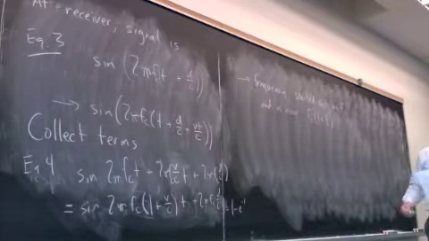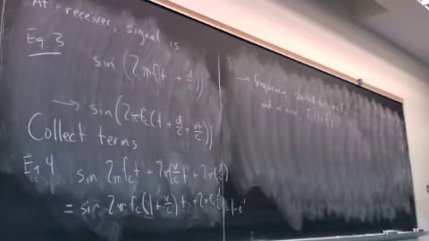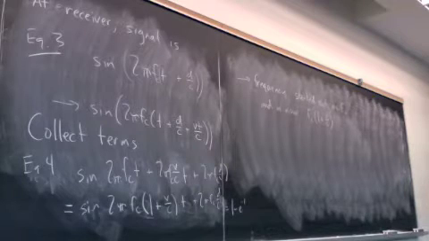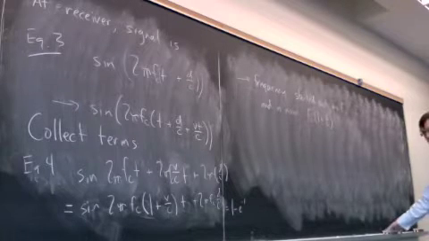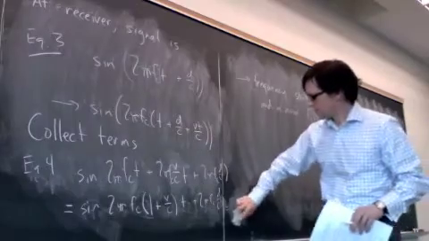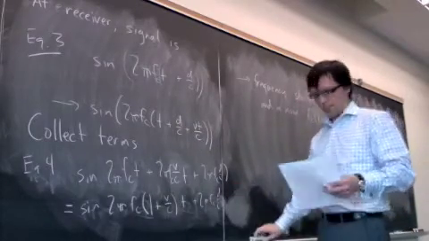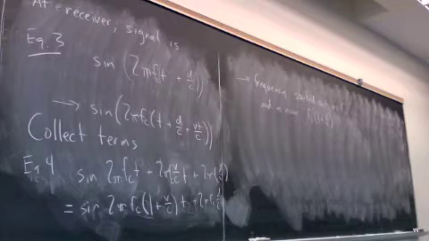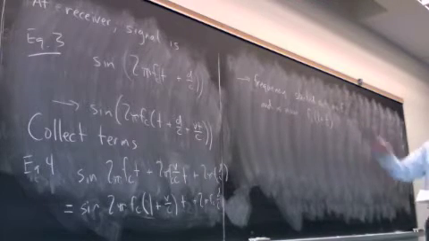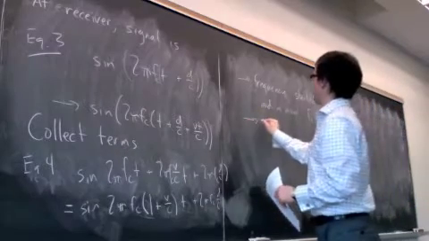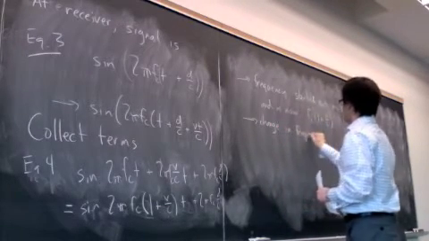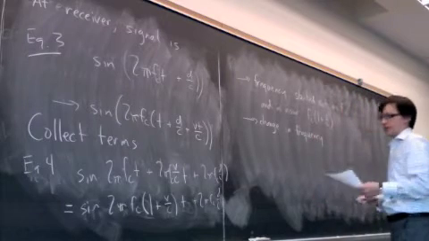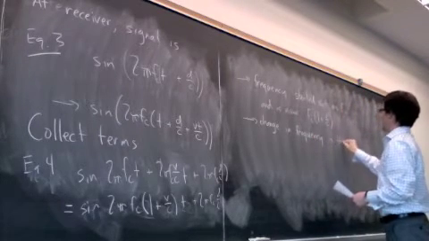So I guess it increases going in towards the antenna, so the positive v is towards the antenna. And this change in frequency you will know better as the Doppler effect.